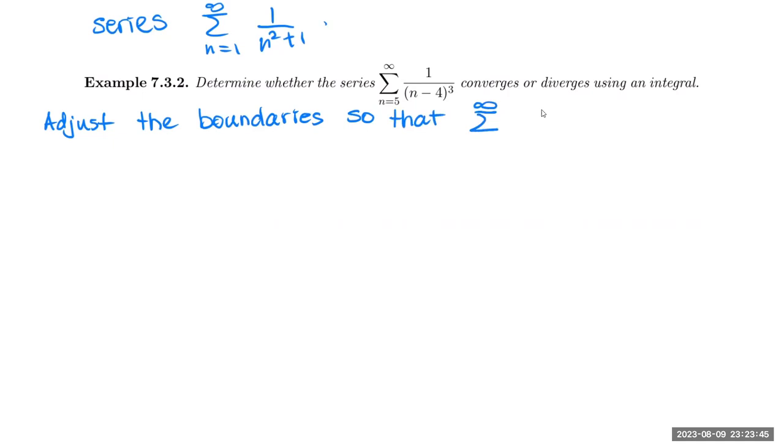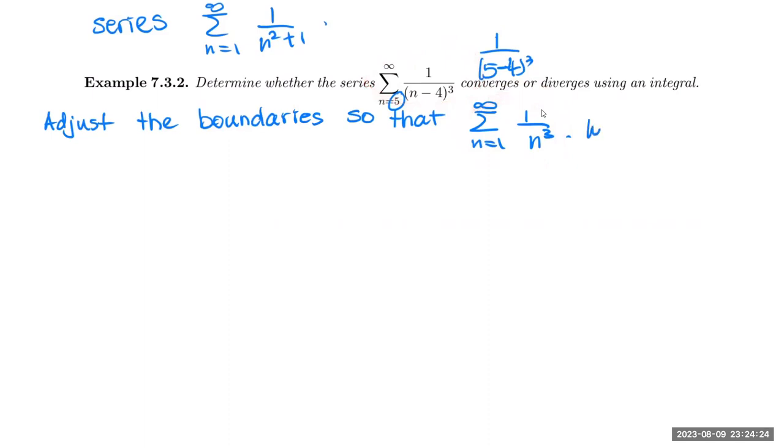This equivalent form is 1 divided by n to the power 3. Why? Because if we're starting at 5, then we have 1 divided by (5 minus 4) to the power 3, which equals 1. If we put 1 into the new form, we also get the same result. So these two are actually the same.